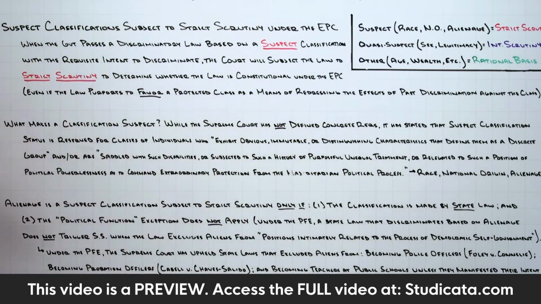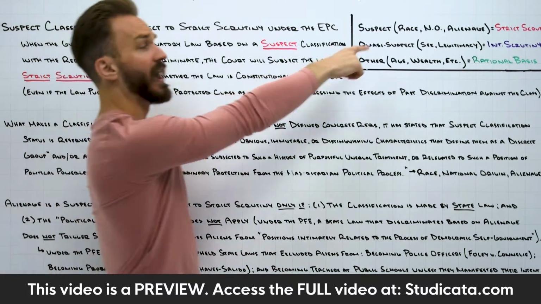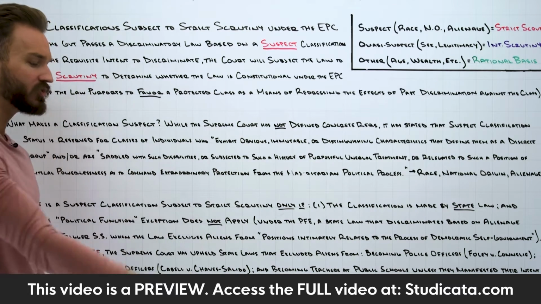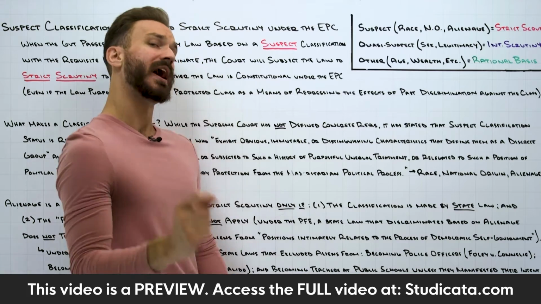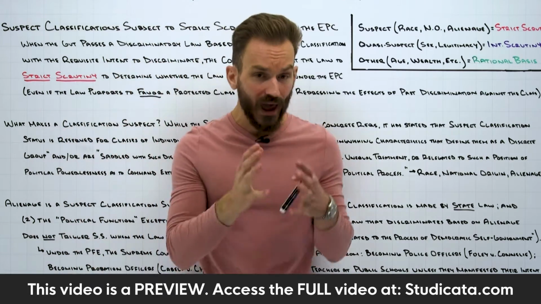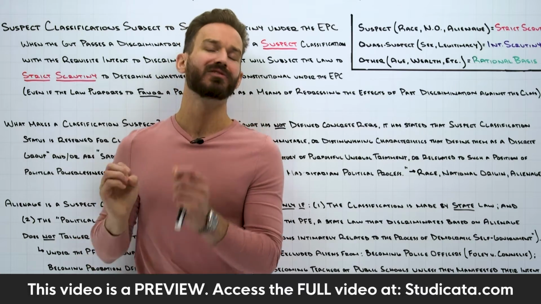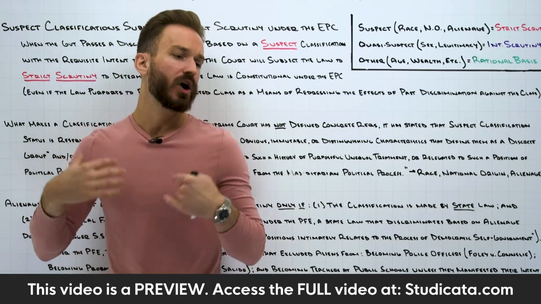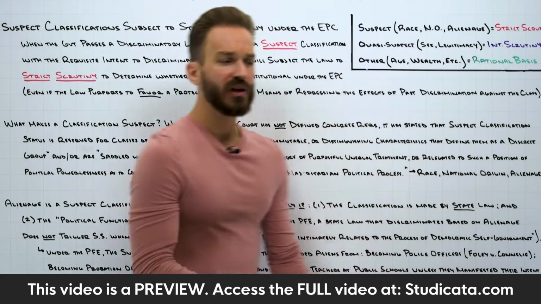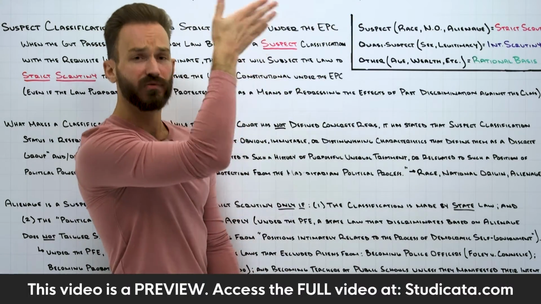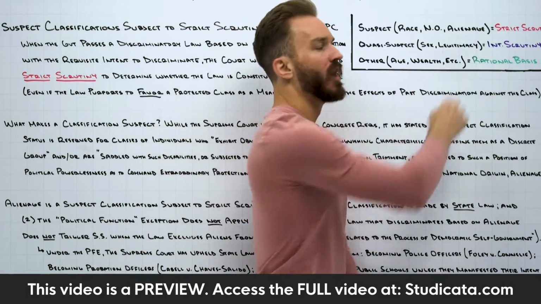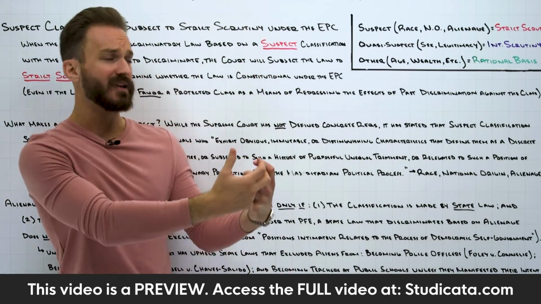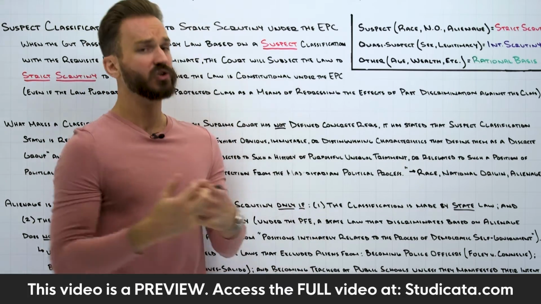We know in those cases, though, when the government passes a discriminatory law based on race, national origin, alienage, with the requisite intent to discriminate, and that law effectually burdens that protected class, in almost all cases, when we're applying strict scrutiny, that law is going to get struck down in violation of the Equal Protection Clause. Think about strict scrutiny. We know strict scrutiny requires a very high justification for the government. It's the court's way of saying the only way we're going to uphold this law is if you can provide us a very, very compelling justification.